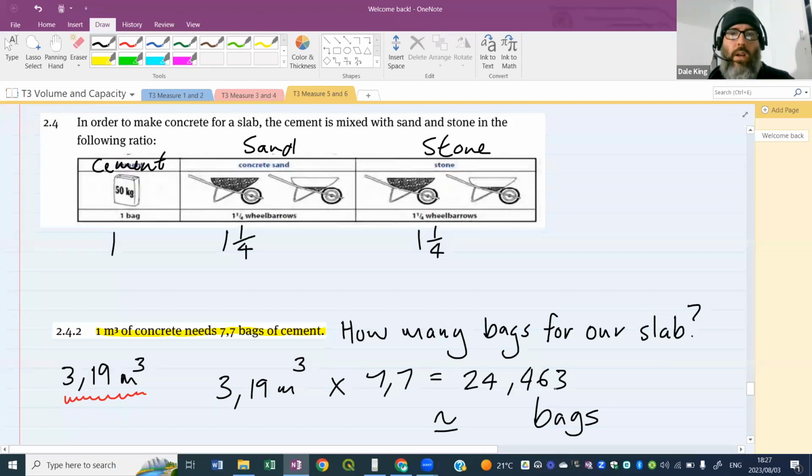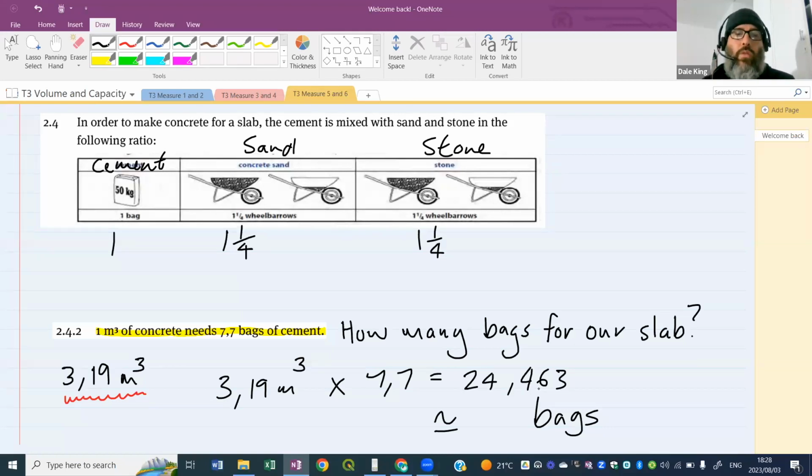All right, if you are in the construction industry and you do this sum and you say go down to 24, you're going to be short. So in this context, when you're trying to work out how many cans of paint, how many bags of cement, how many boxes of things do I need to buy to complete this task, don't round down. I know you're thinking, sir, you just said always round off.